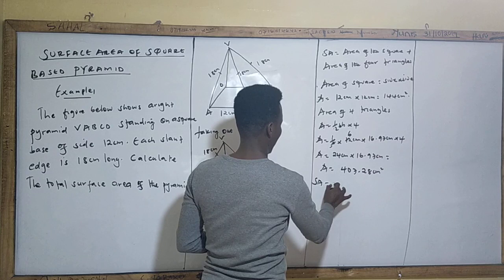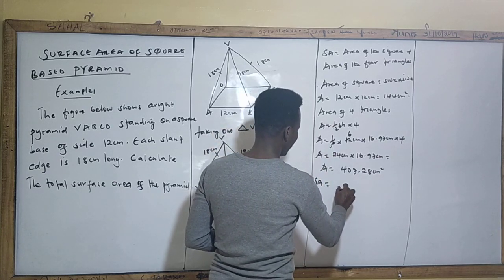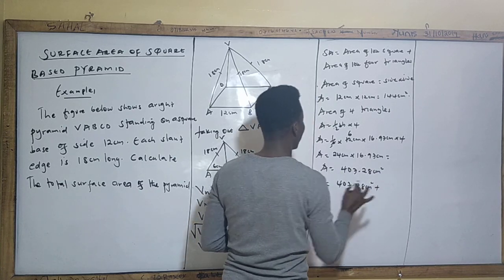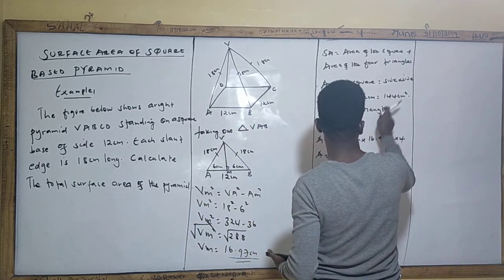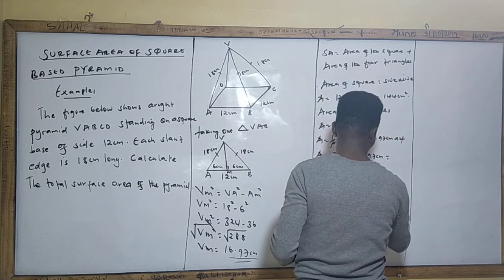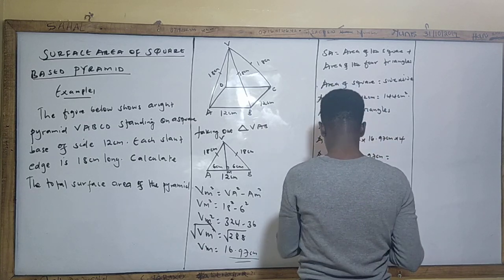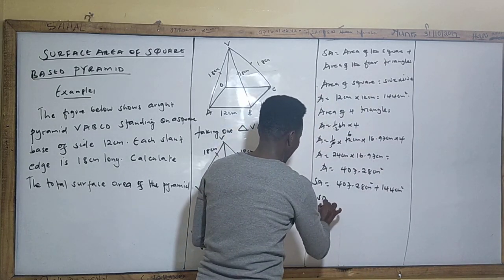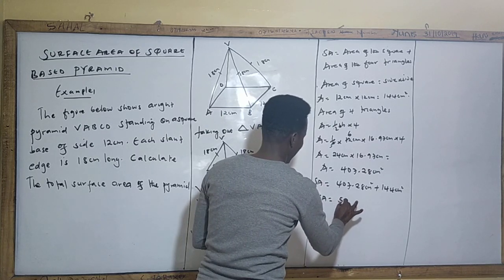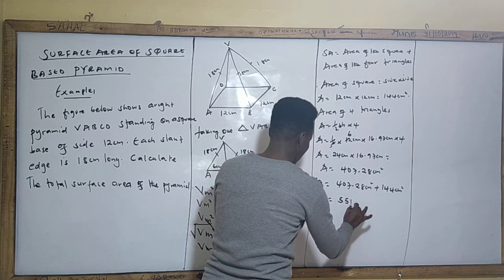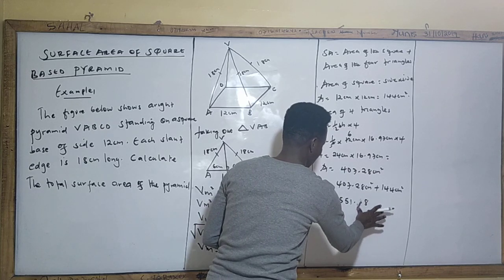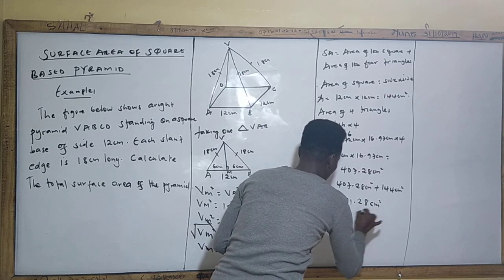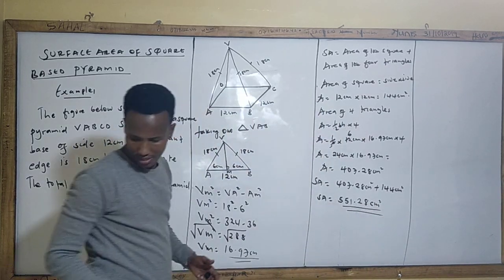Now surface area, add now. 407.28 centimeters squared plus the area of the square, which is 144 centimeters squared. That will give me surface area therefore is equal to 551.28 centimeter square.